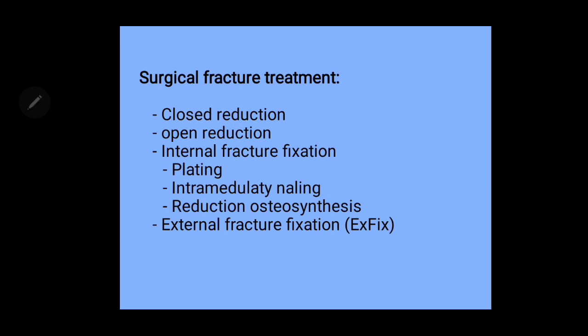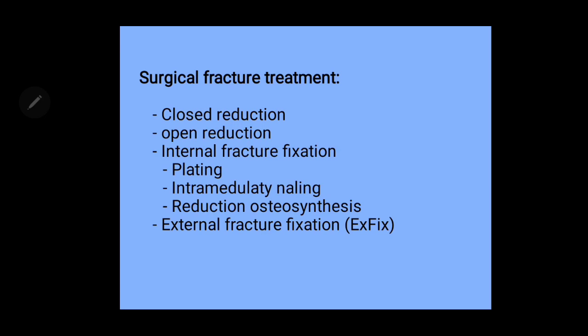These surgical methods are also divided into internal fracture fixation and external fixation. For internal fracture fixation, we can use various devices, different types of plates. We will discuss these types later. We can use intramedullary nails of different types. We can use screws.